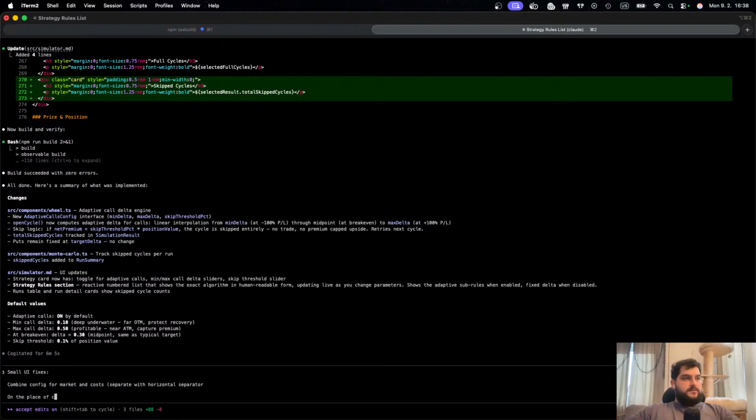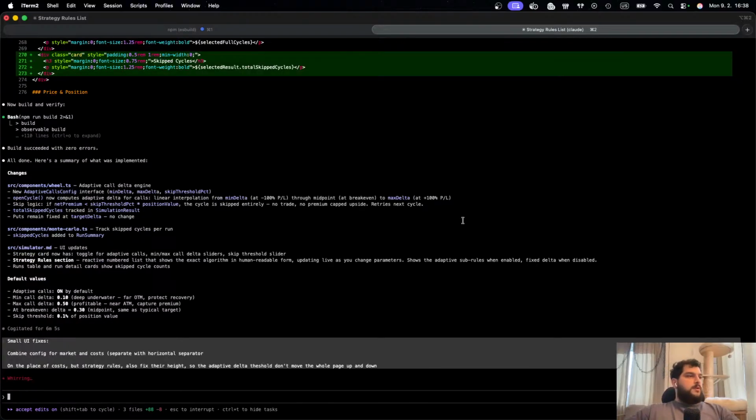On the place of costs, put strategy info rules. Also fix their height, so the adaptive delta threshold doesn't move the whole page up and down. Okay, I will just do the small fixes.